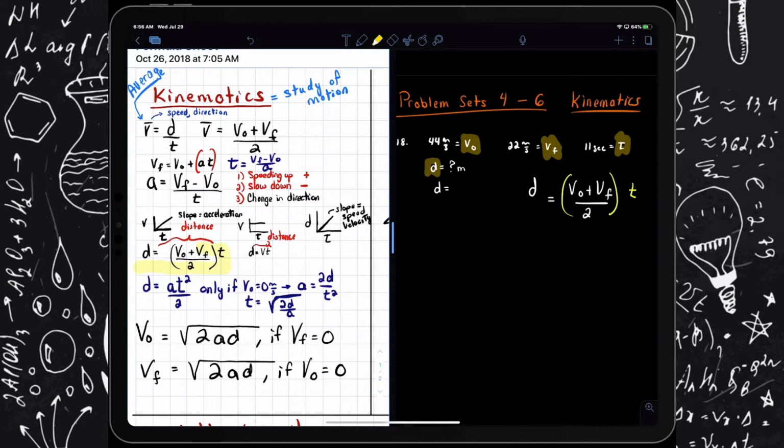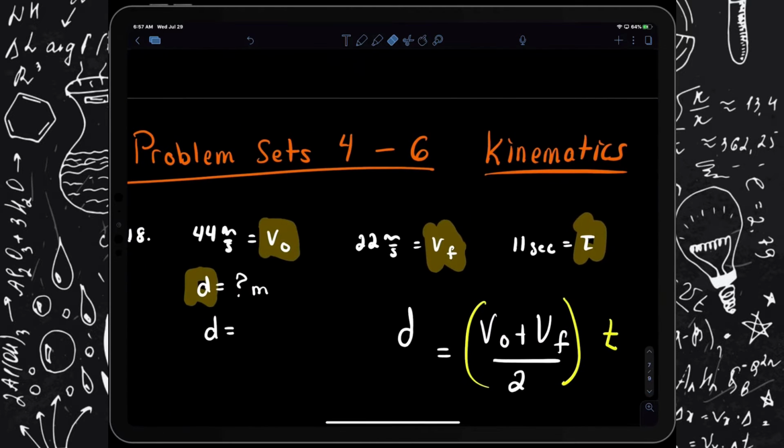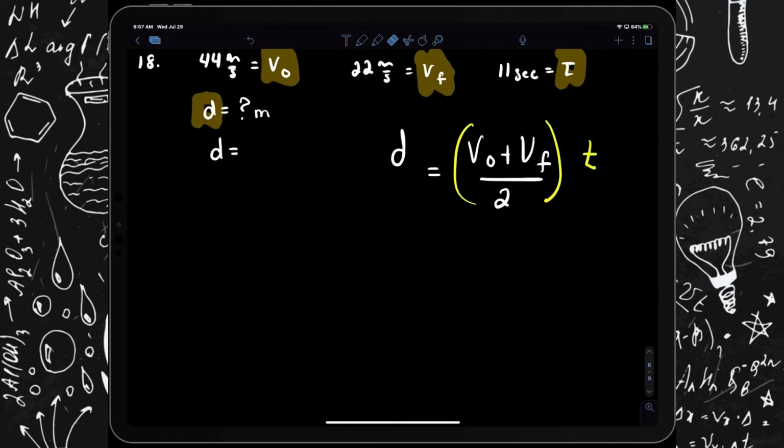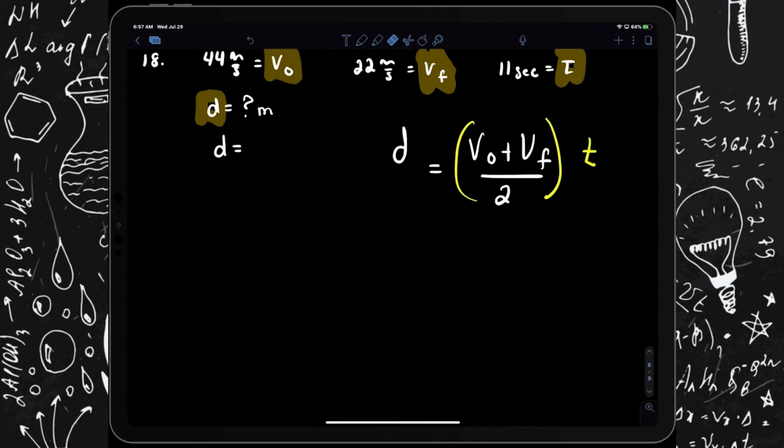If you struggled rearranging the formula, you can use that equation right there to solve for distance. That's why I'm saying keep a good formula sheet, writing down every rearranged formula and any new equation that we come up with, and then you can always go back to it quickly. All right, so we're going to use that formula to answer our question.